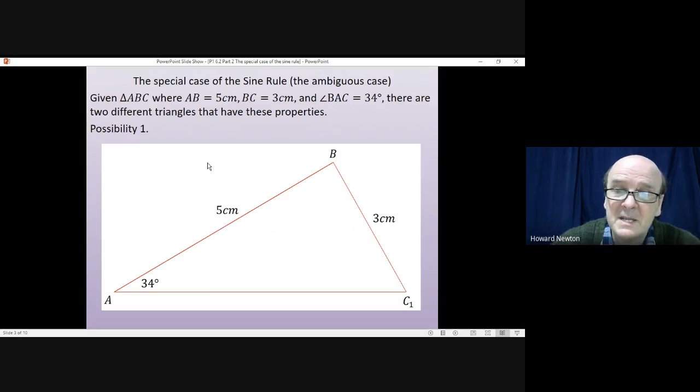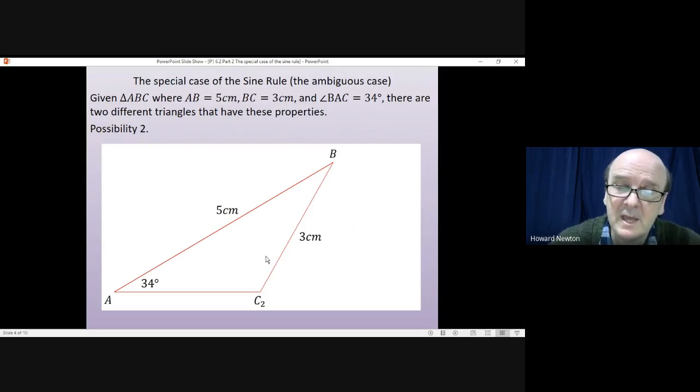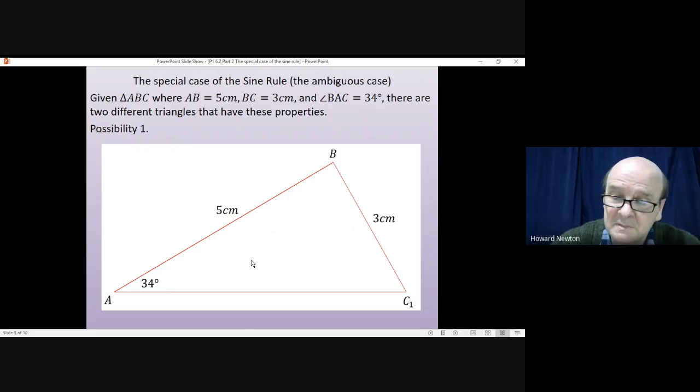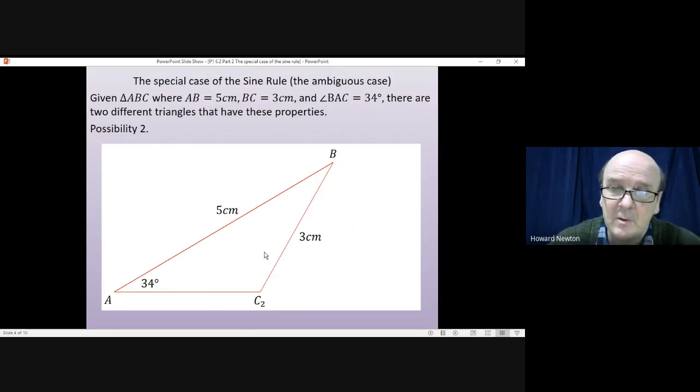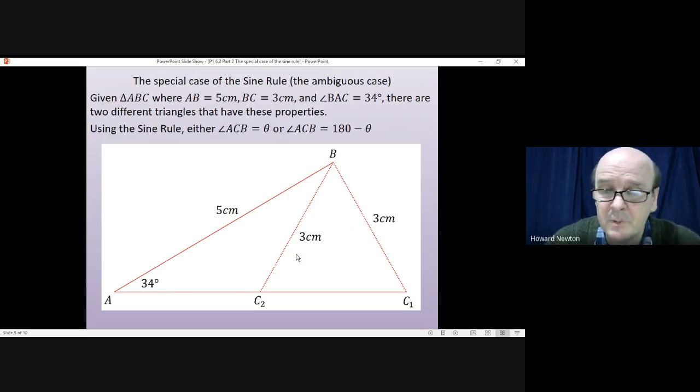What that means is the triangle could look like this, or it could look like that. And AB is 5, BC is still 3, and angle A is 34 degrees. So that's the first possibility, but that's the second possibility with the information we've been given. So that's showing both possibilities together.